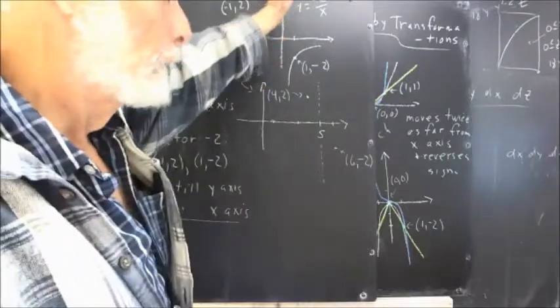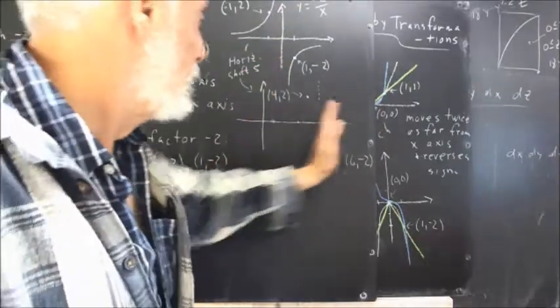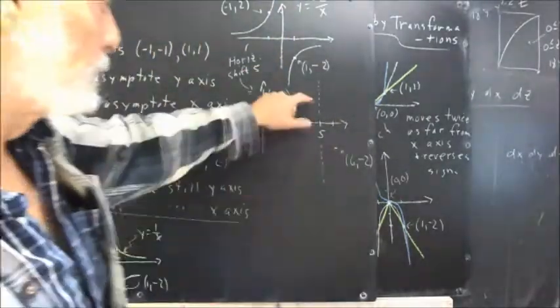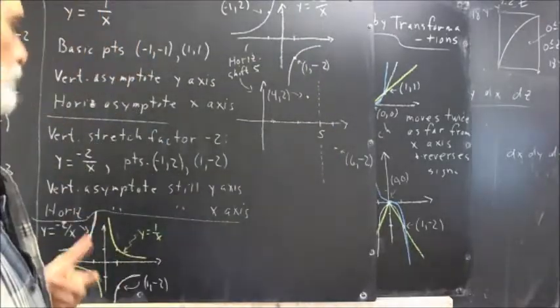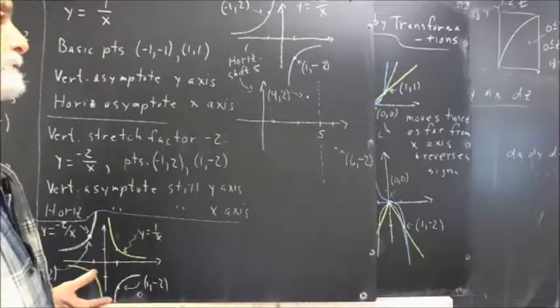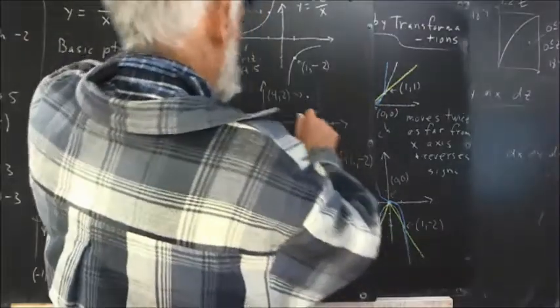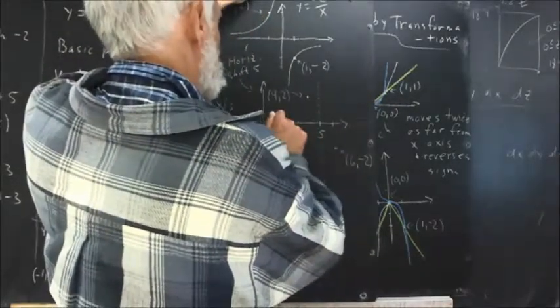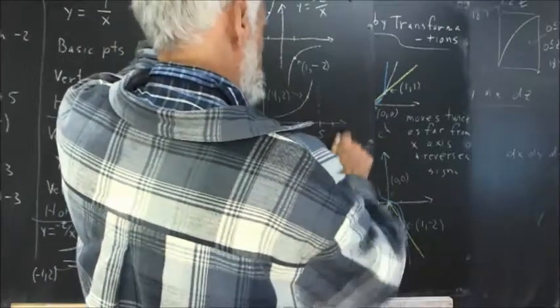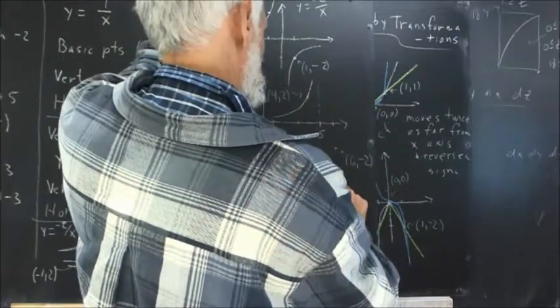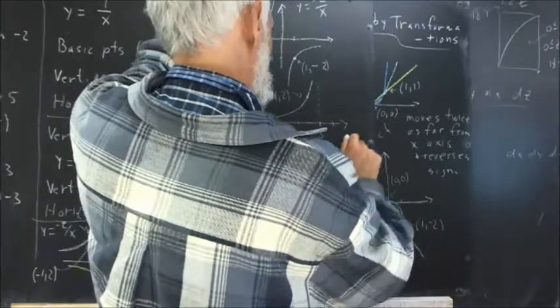It's also going to take the vertical asymptote and shift it 5 units to the right. So we've got the points, we've got our vertical asymptote, and it doesn't affect the horizontal asymptote. The result is then a graph that looks something like this.